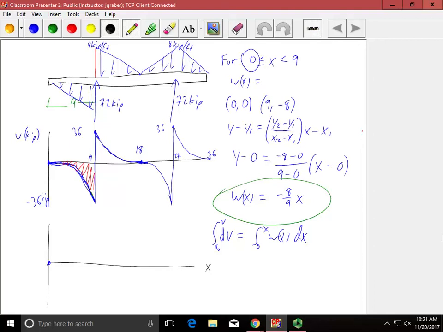We're starting between 0 and 9. I'll show you how that changes on the next interval. So then we have V minus 0 is equal to the integral of -8/9 x from 0 to x dx. We're going to have -8/9 x squared over 2 minus 0.